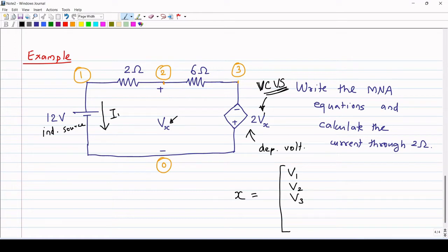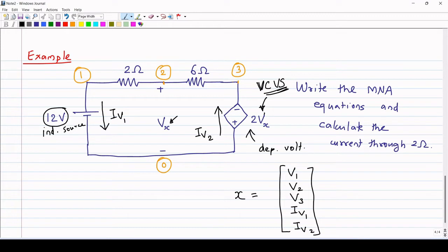Suppose IV1 is the current flowing through this 12 volt source, then IV1 will be one more variable. Then suppose IV2 is the current flowing through this dependent source, that will be another variable. So totally there are 5 variables, 3 voltages and 2 currents.